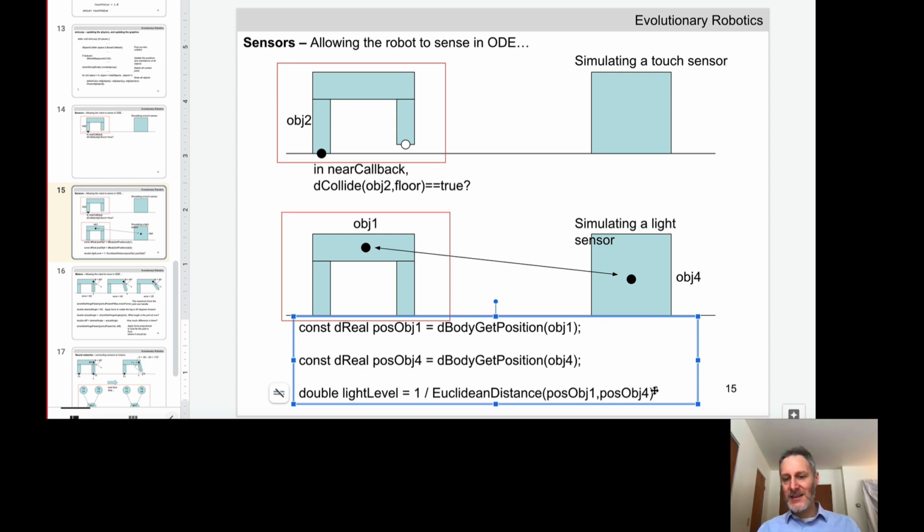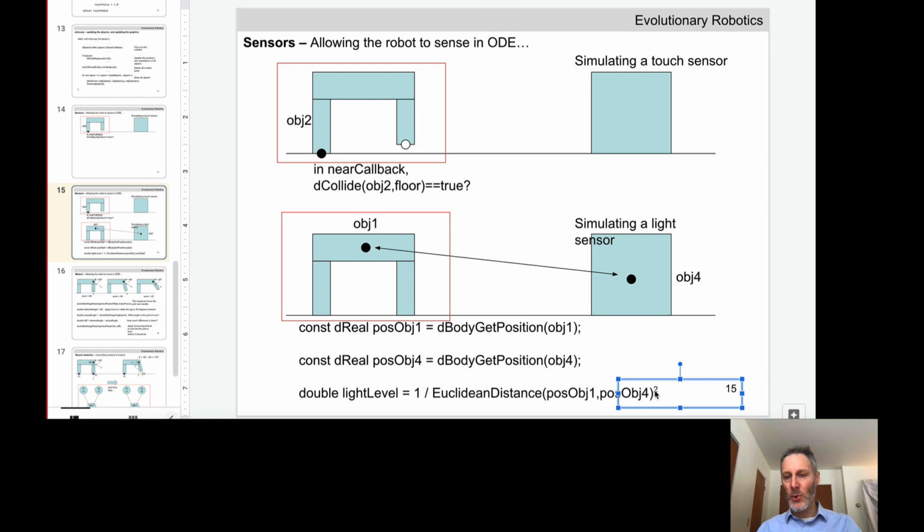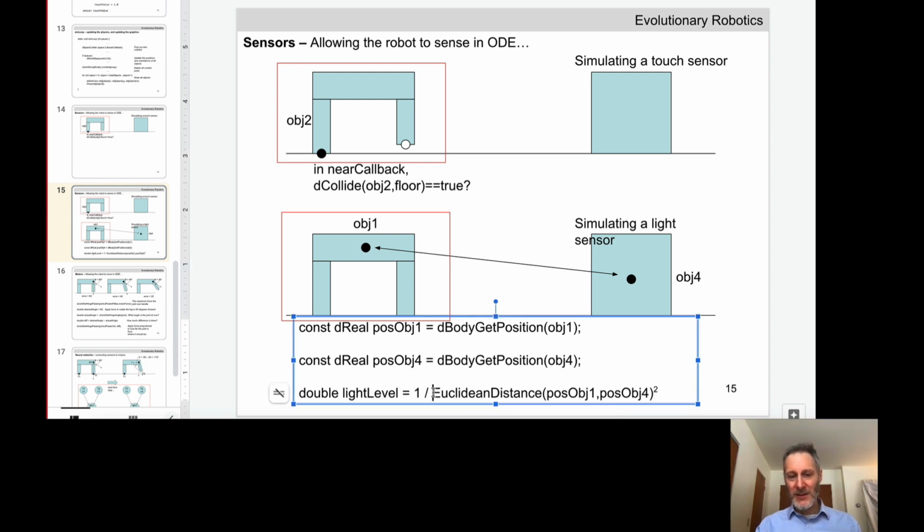There's one last detail here. Before we invert the distance, we take the square of the distance. Anybody know why? This might require you to think back to high school physics again.